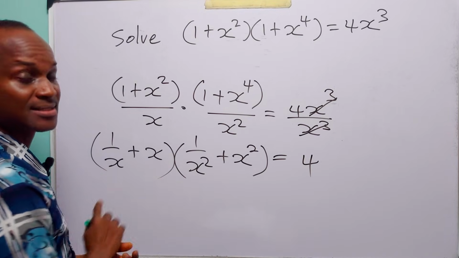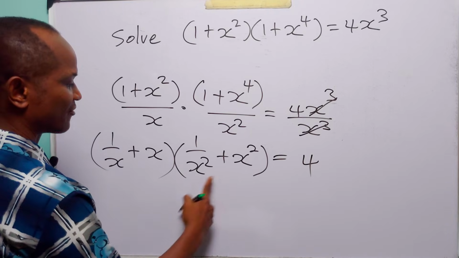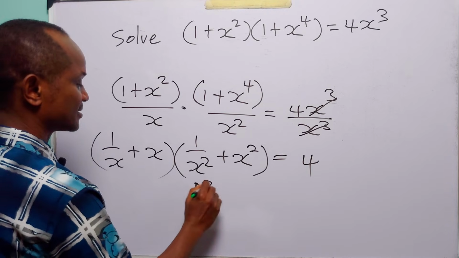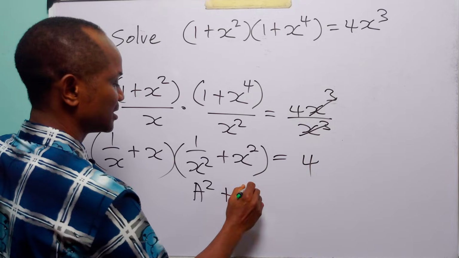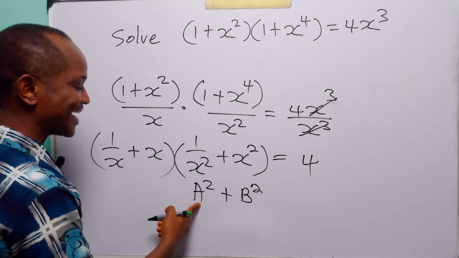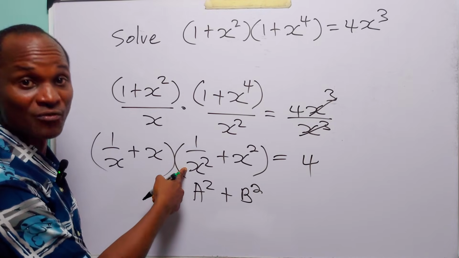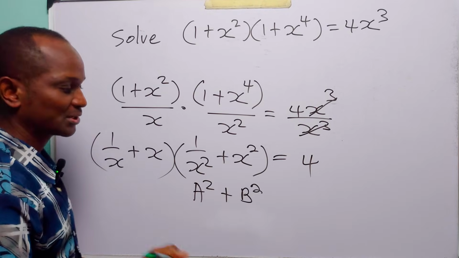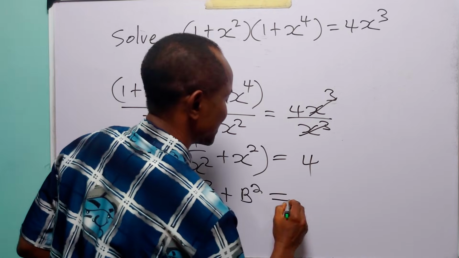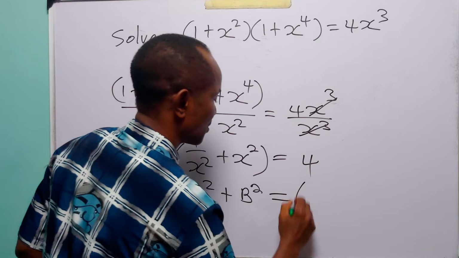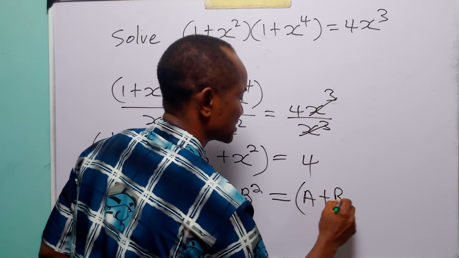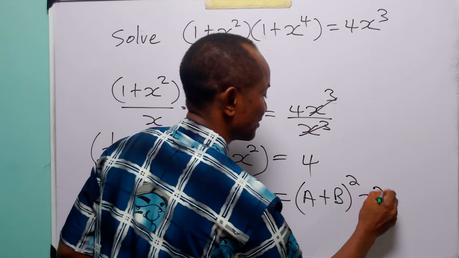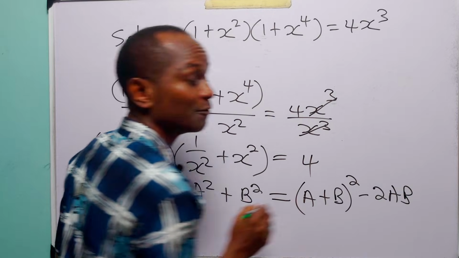Now let us look at this. Of course, you know that we can write this bracket as a squared plus b squared, where a is 1 over x and b is x. But now, remember the identity that this is equal to (a plus b) squared minus 2ab.